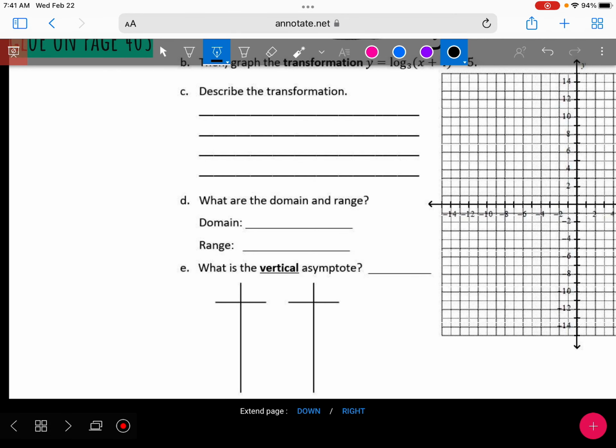So when we look at these little tables down here, I'm going to make another one. This one is going to be my 3 to the x. This is where we're picking our x's to find our y's. Just like we did before, we're going to use those same 5 centermost values, -2, -1, 0, 1, and 2.